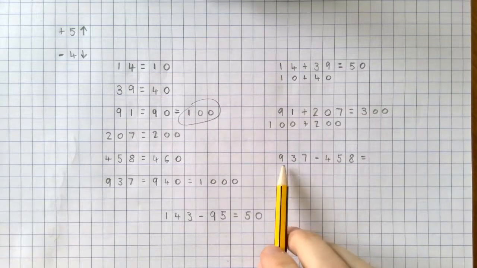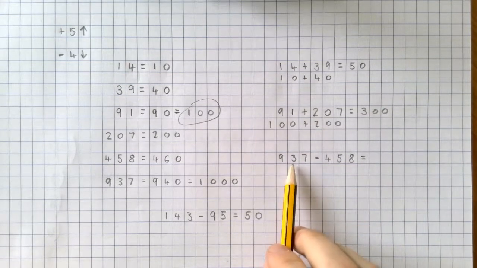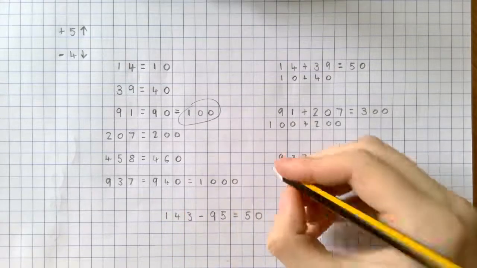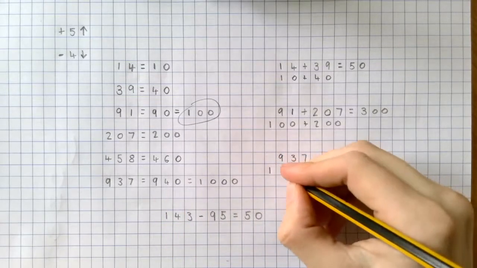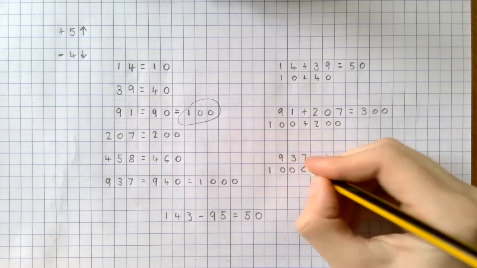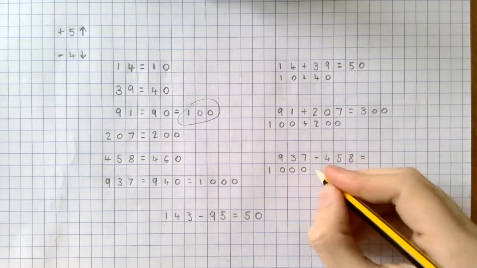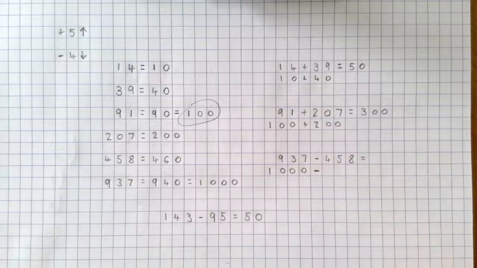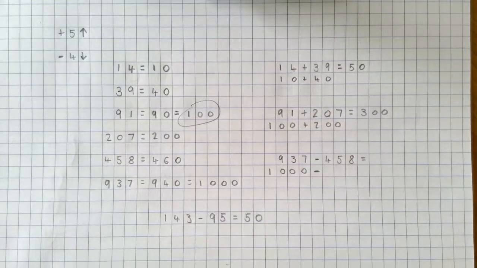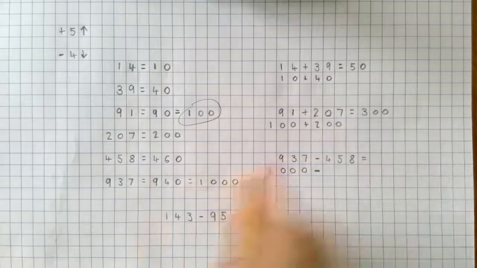Instead of 937, I'm again going to pick 1,000. It's a rounder number, it's got more zeros, it's got more circles, it's more round. But this time we're subtracting, so it's really important to pay attention to those operations. And then we're going to take 460.